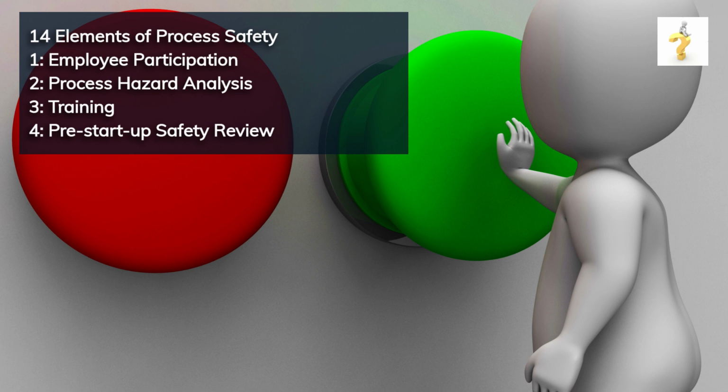It also involves verifying the availability and adequacy of safety systems, emergency response plans, and any necessary training programs for personnel involved. By conducting thorough reviews, organizations can identify and address any potential safety issues before they become significant problems.